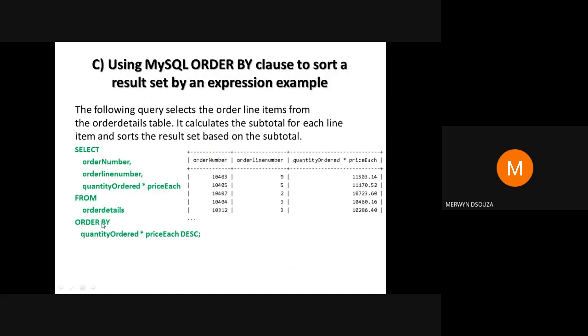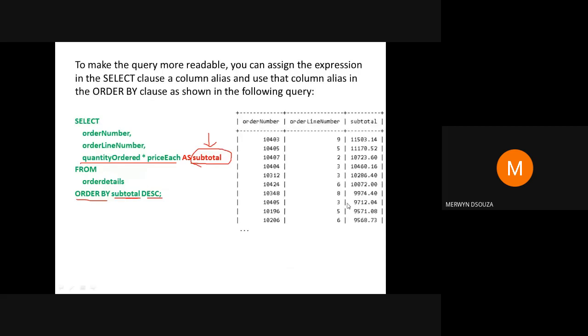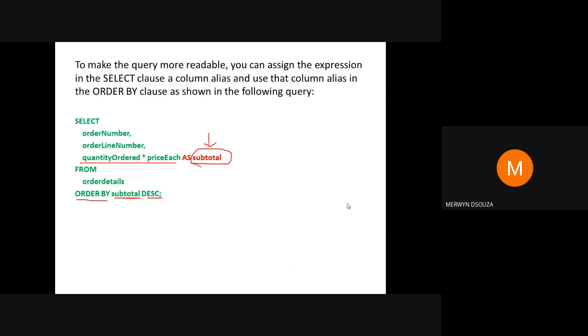So this is the same query as the previous one, and you'll get the same output. Instead of writing the entire expression, we are writing a column alias, another name for it. The output won't change.